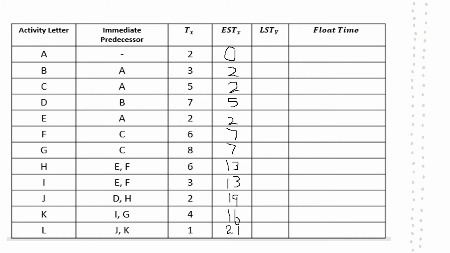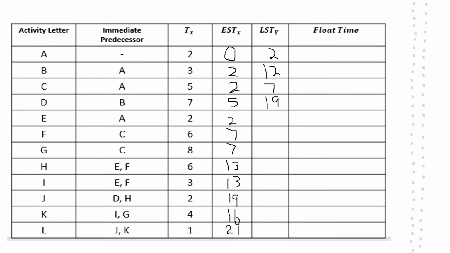And so then the latest starting times are just those numbers in the rectangles straight after the activity occurs. So after activity A occurs, we get the number 2. B in the rectangle, we get the number 12. 7, 19.